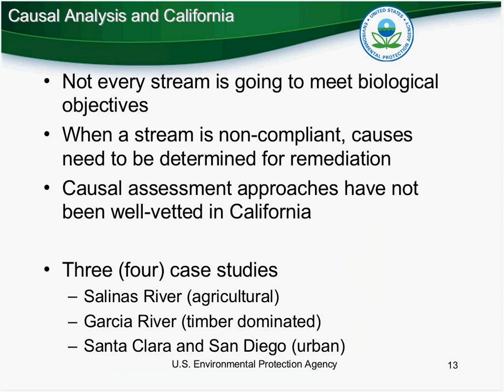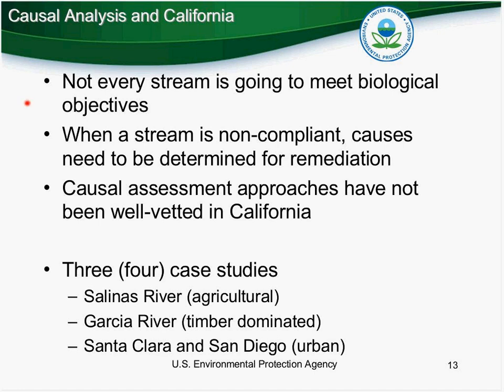In California, a little over a year and a half ago, we were contacted by the state to help them explore a method for when biological objectives weren't met in streams.